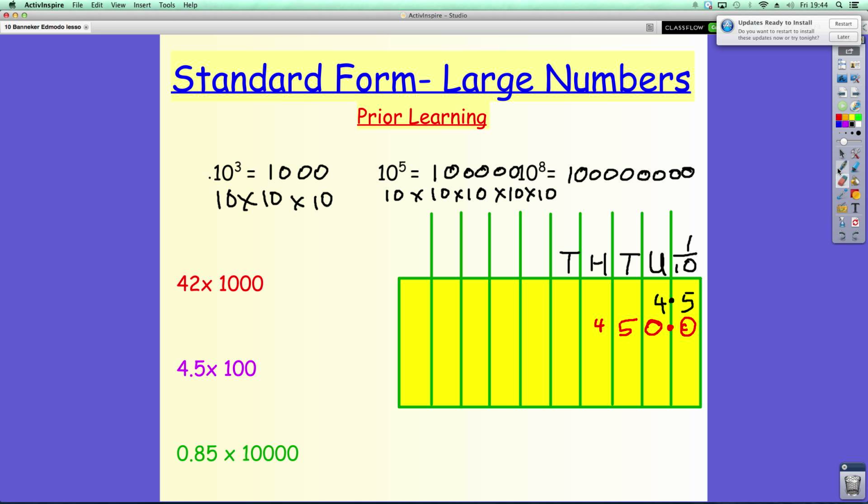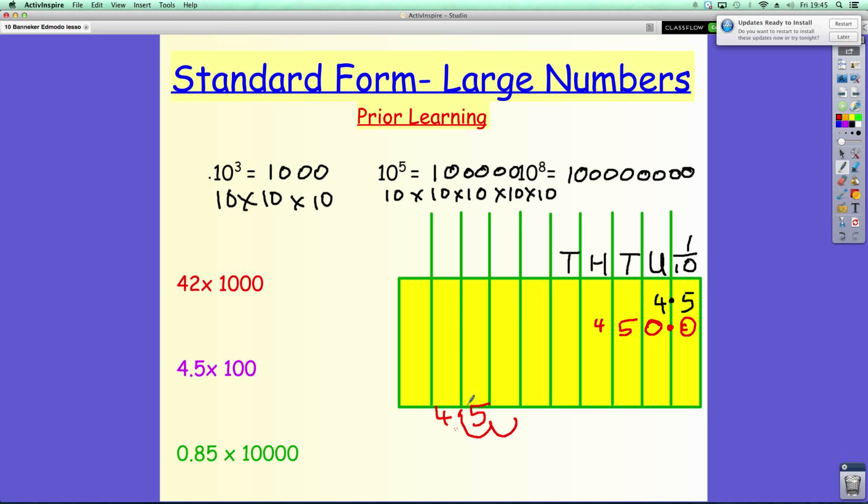Now, just to make it a little bit more straightforward, bearing in mind that the decimal point does not move, what a lot of people do, and some people may have seen in primary school, if we multiply 4.5 by 100, is a sort of hoop movement.